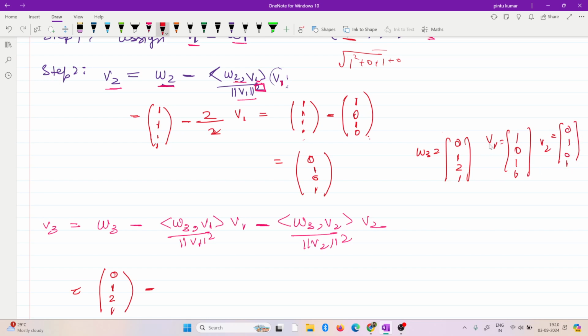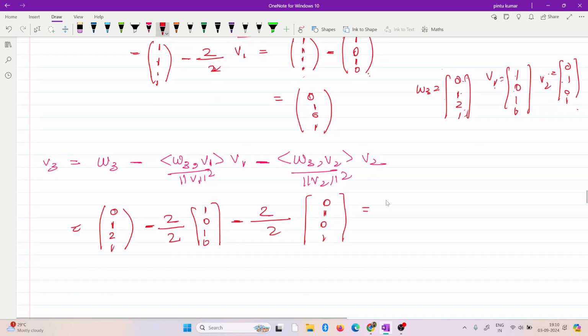If you take the dot product between W3 and V1, you get 0, 0, and 2. So this is minus 2, norm is again 2, times 1, 0, 1, 0. Then you take its dot product with V2, 0, 1, 0, 1: 1 plus 1 is 2. Norm is again 2, times 0, 1, 0, 1.